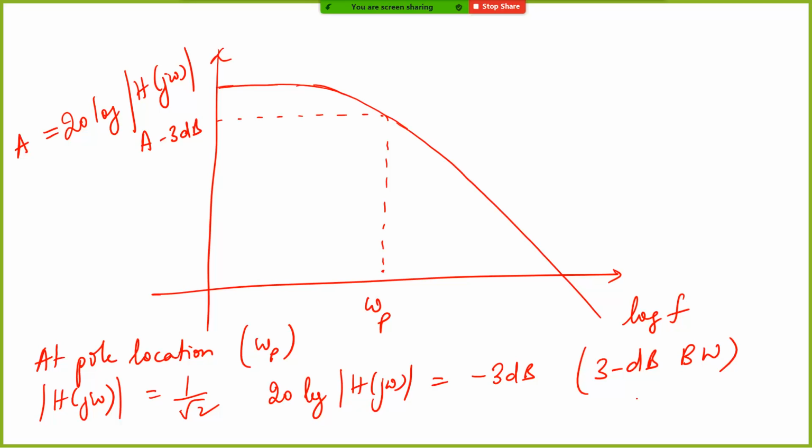So the conventional way where you draw the line is basically to say that I will wait till the magnitude response falls by 1 by root 2.